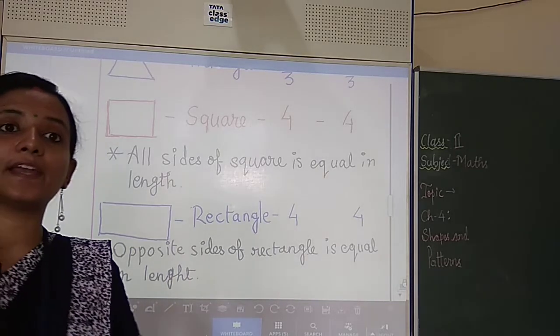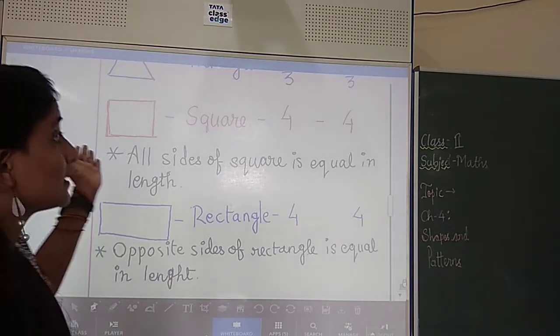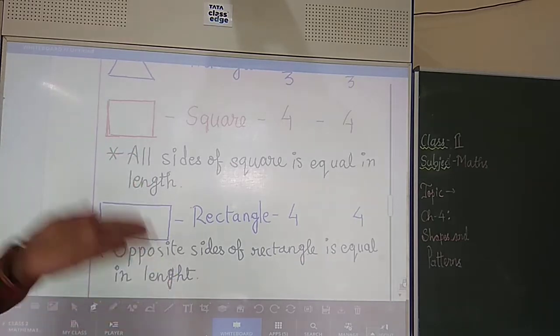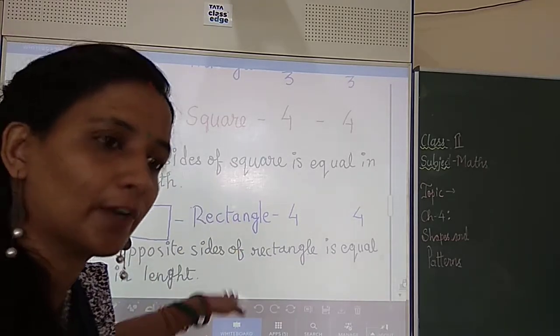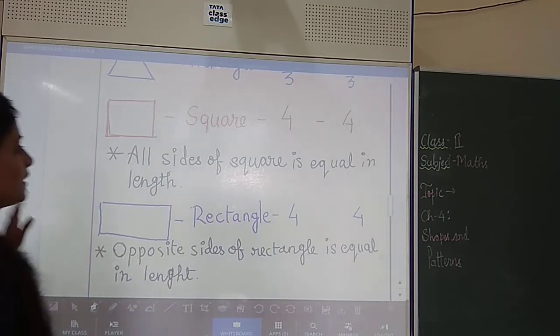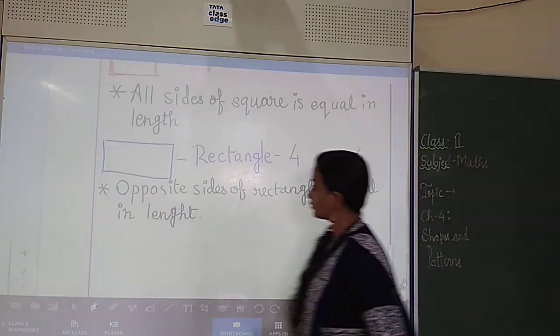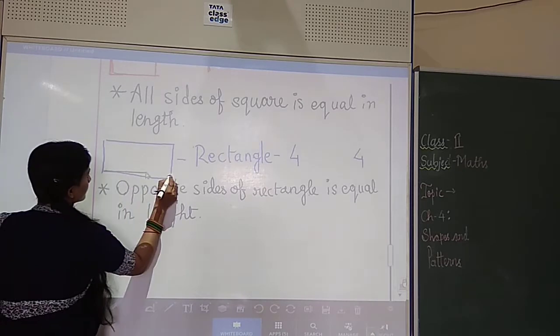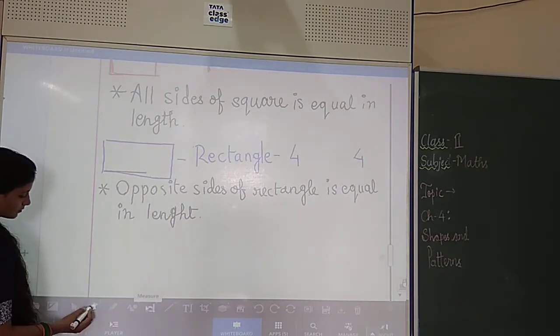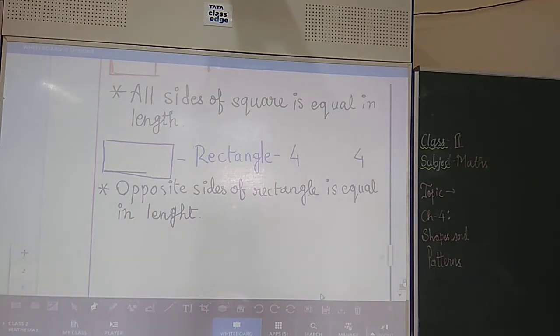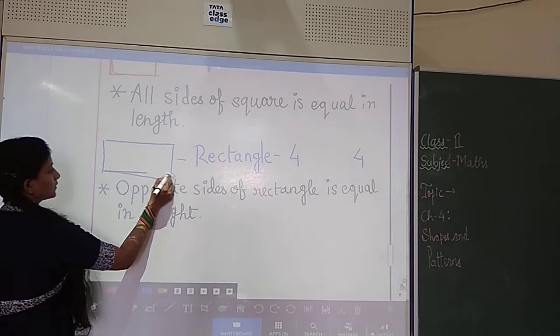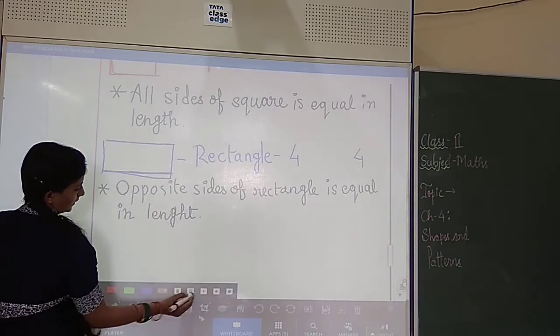Okay, so likewise we have studied now shapes, spelling, number of sides, number of corners. Okay, next shape is what? Next shape will come to... okay, so this is rectangle.